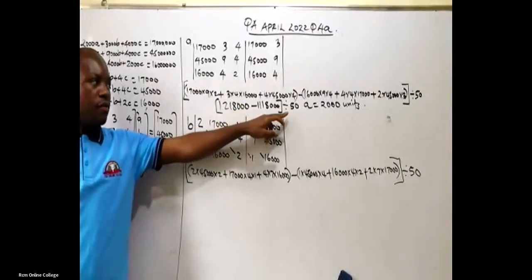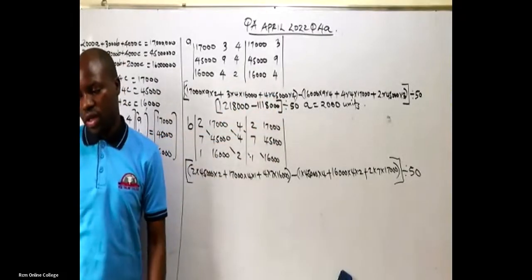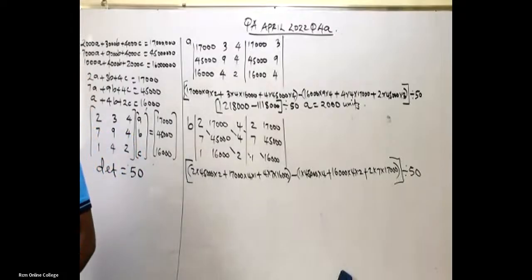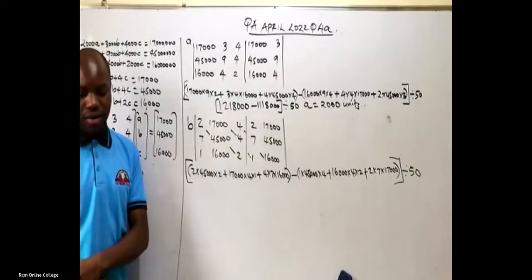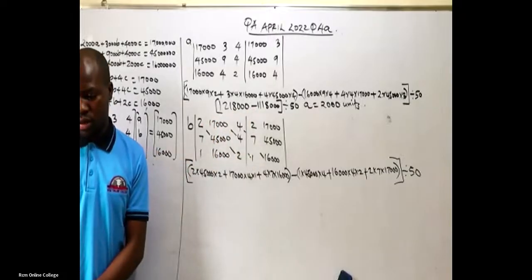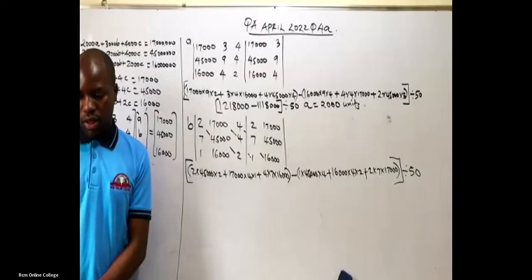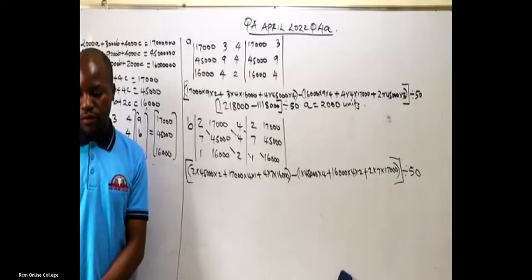That figure divided by 50 is giving you 2,000. That figure should be 100,000. The difference between these two is 100,000. So check on that. I'm waiting for your answer.